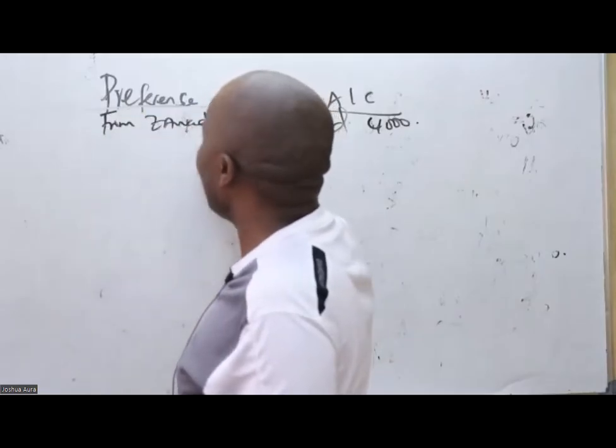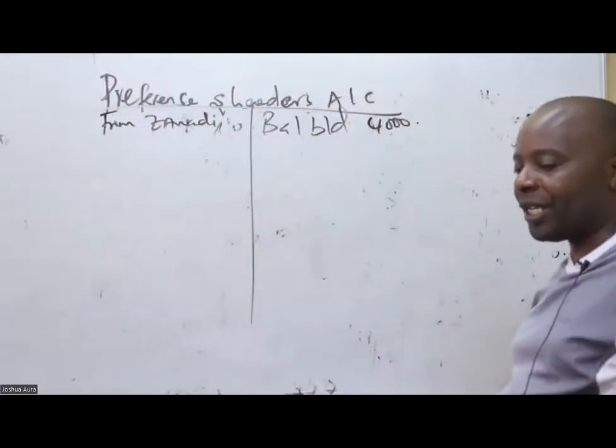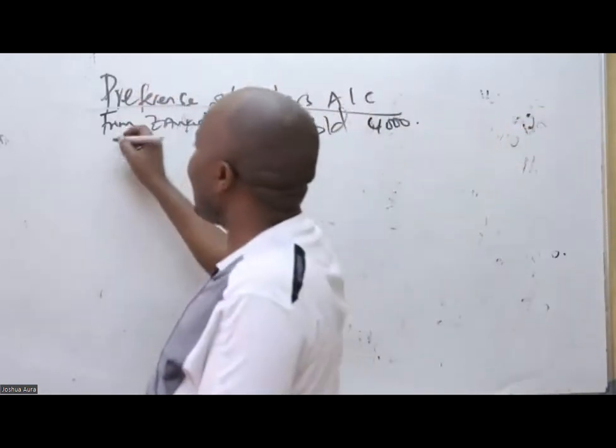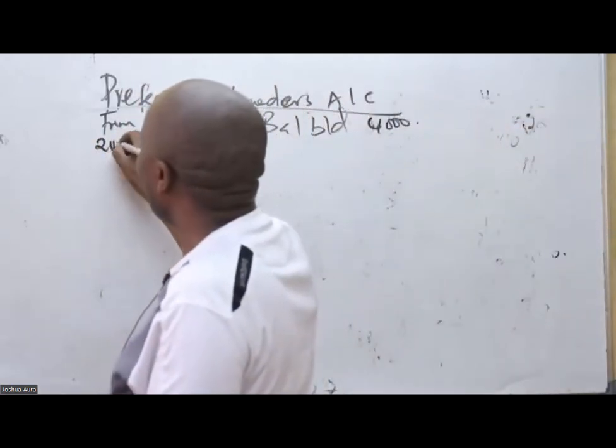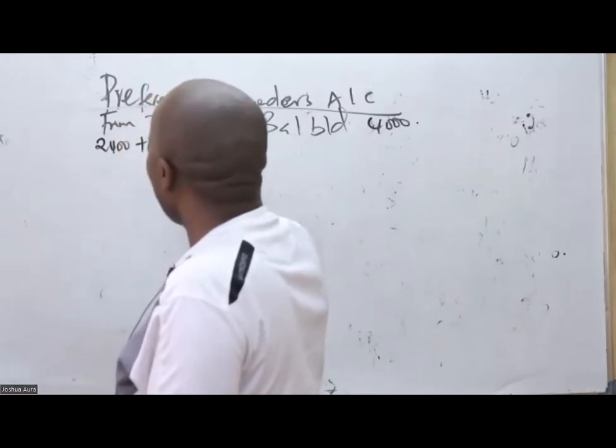Is there somebody who can just go to what was being given to the preference shareholders, and you add up everything? Somewhere there, the one that I rubbed here, I can see preference shareholders who are getting 2,400 somewhere. They were getting 1,600 somewhere. They were getting 252 somewhere.